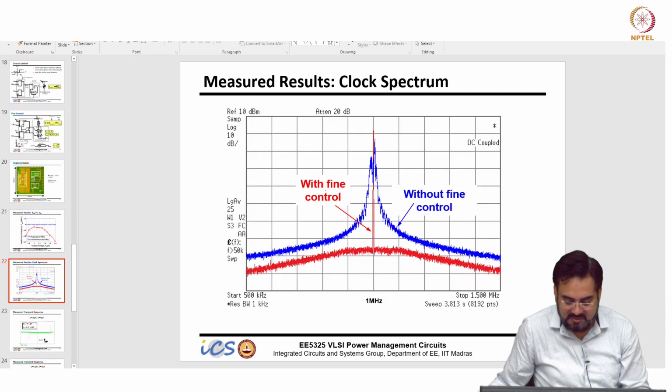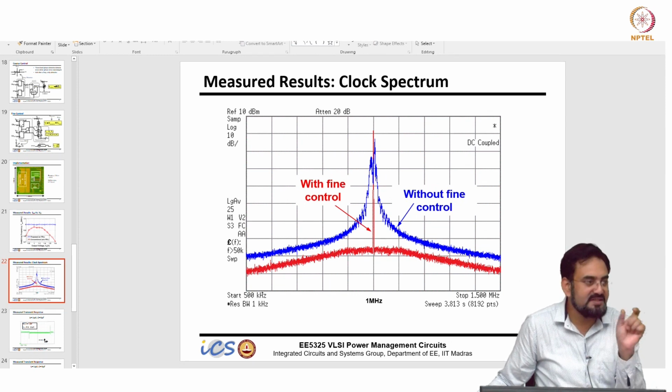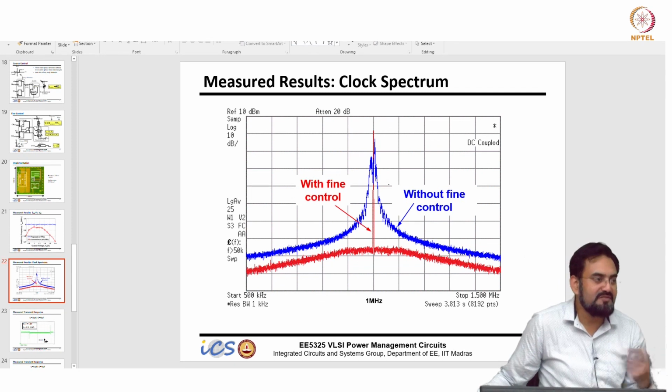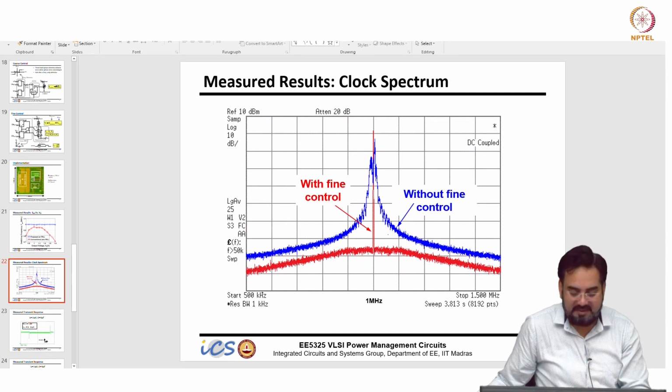So this is without the fine control, only coarse, and you can see your frequency is not locked, there is no single tone as such. The reason is because I am using only 5 bit. The moment I turn on that fine path, you can see this single tone.